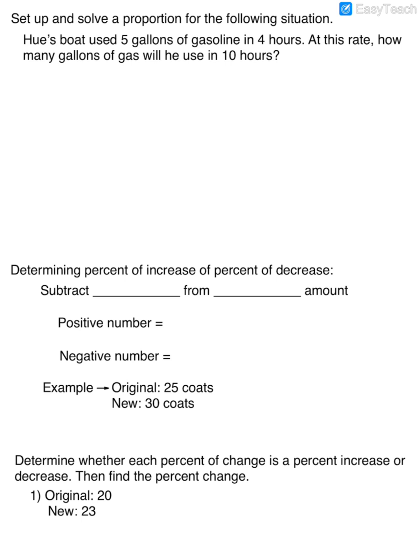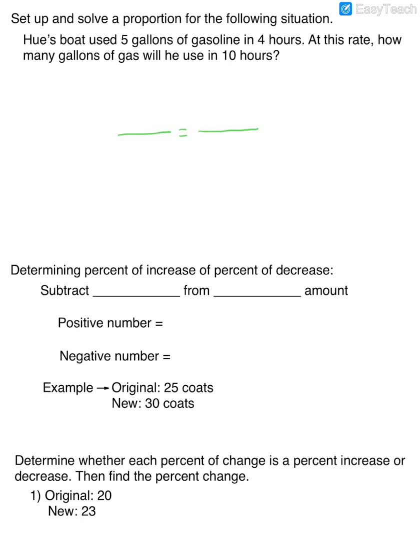Okay, so I'm looking to make a proportion here. Now when you make a proportion on your own, you want to keep both ratios the same pattern. Hugh's boat used 5 gallons of gas in 4 hours.